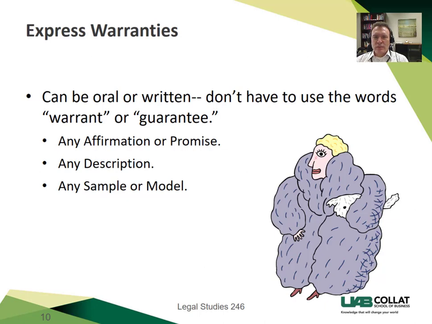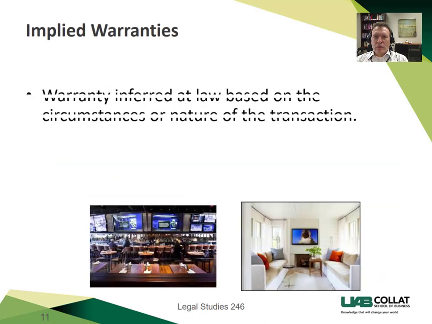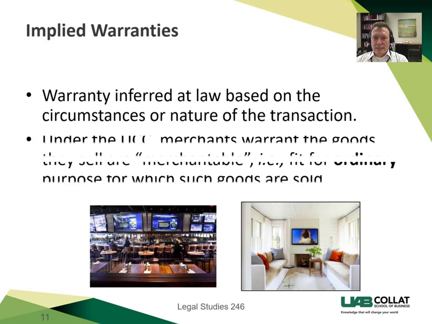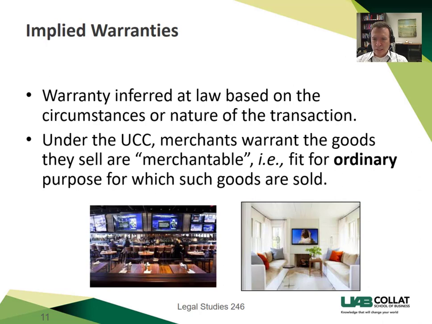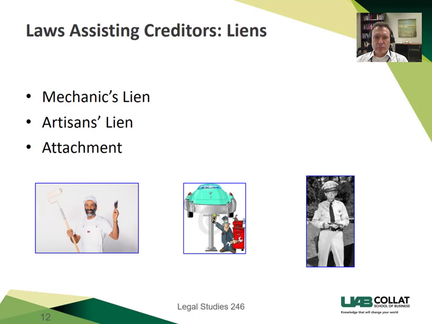There are several different types of warranties that we'll be looking at. One would be an express warranty, an express promise about the quality of a fur coat, for example. The Uniform Commercial Code, though, very importantly, creates two types of implied warranties. That is, warranties that arise even if you don't say them out loud.